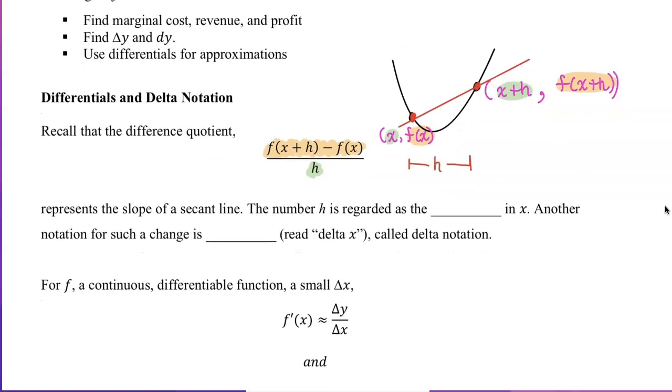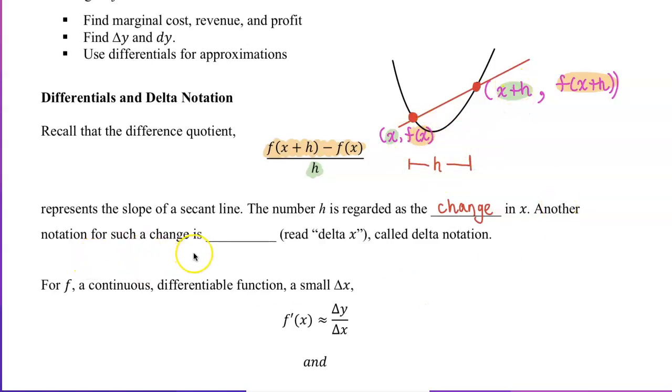Or the slope of a tangent line. The number h is regarded as the change in x, as x goes from this first point to that second point. H was the distance, the change in x value.